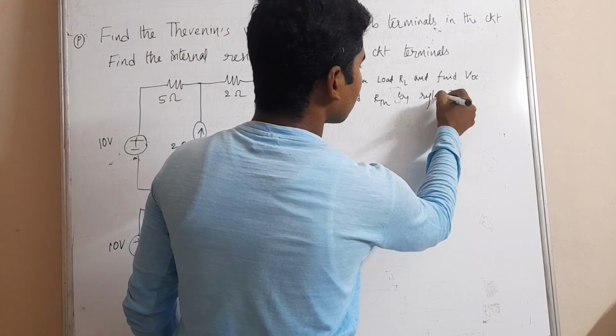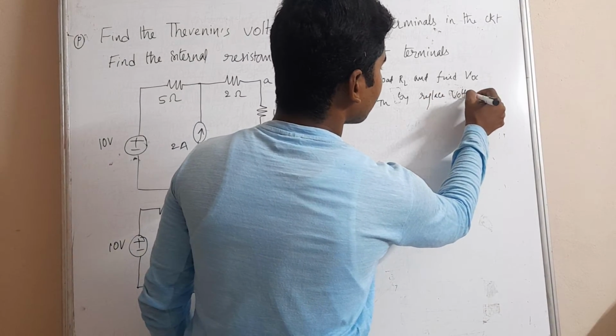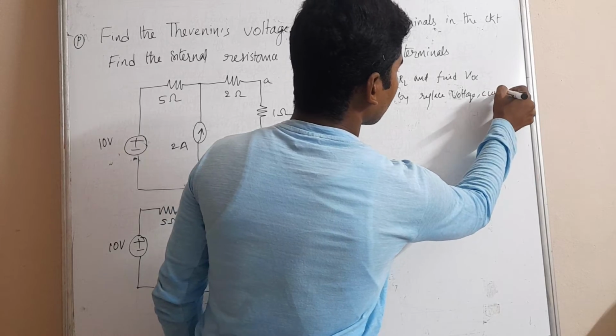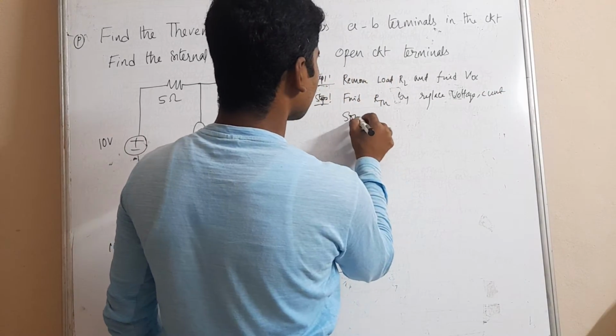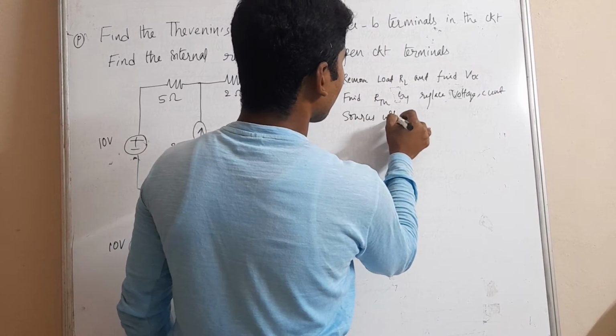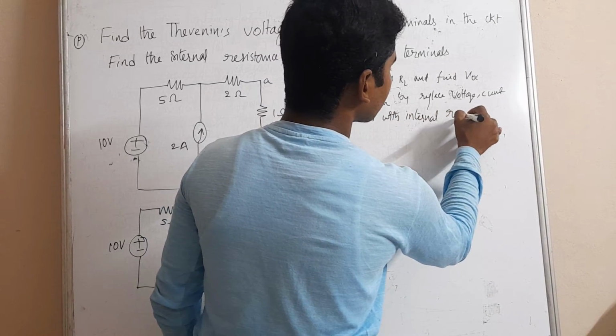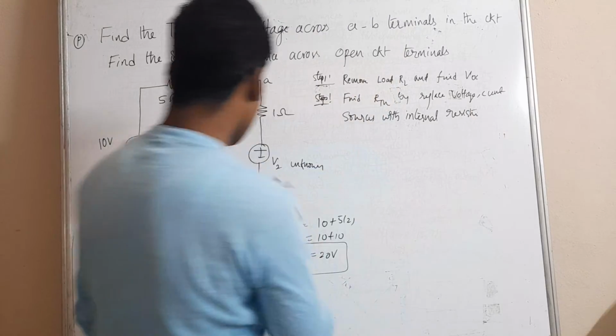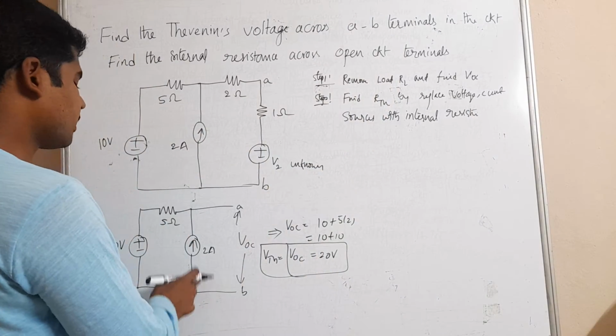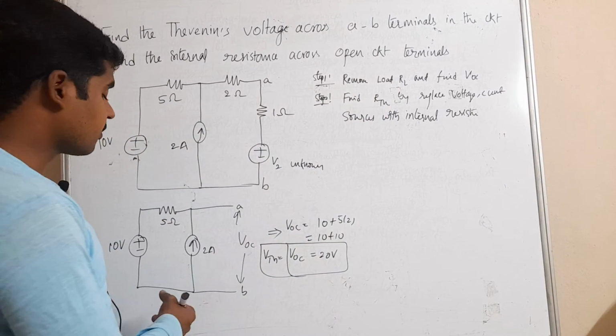Second, step number 2, find the RTH by replacing voltage and current sources with internal resistances. Voltage sources can be replaced with a short circuit and current sources can be replaced with an open circuit.